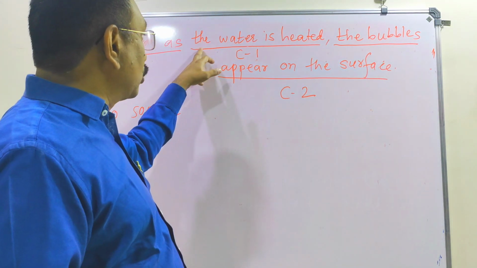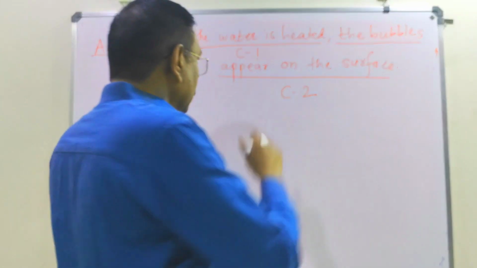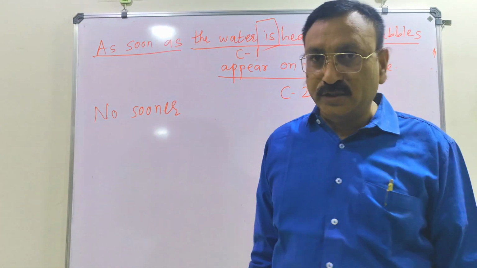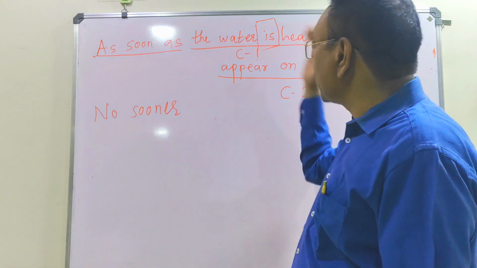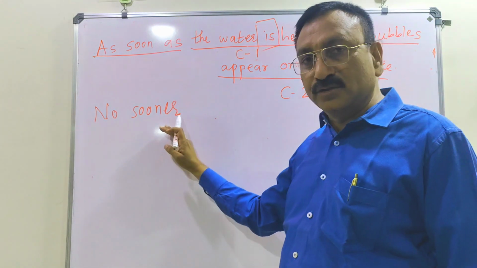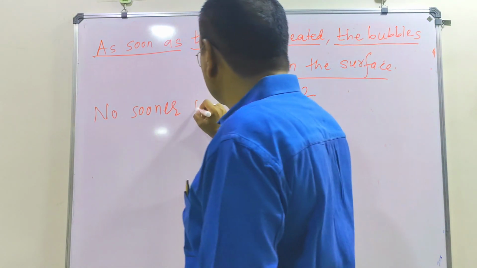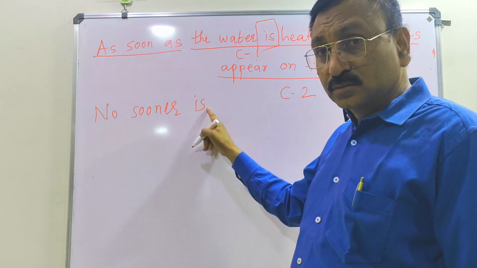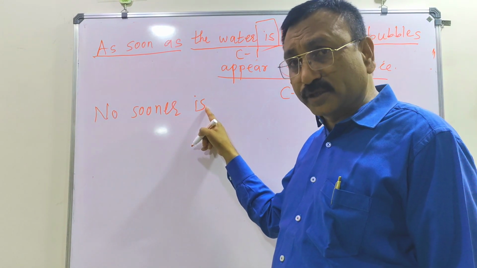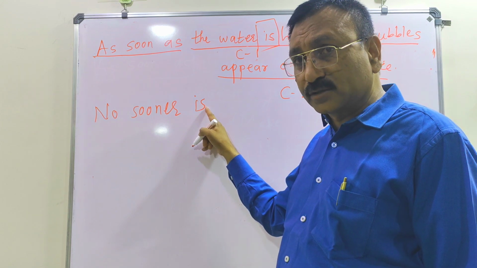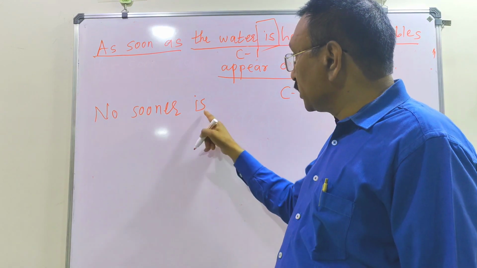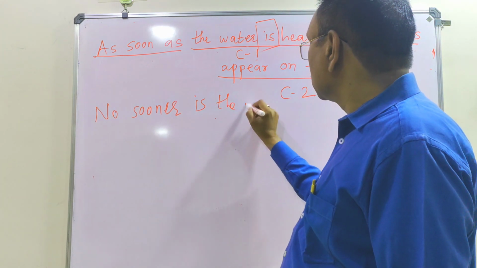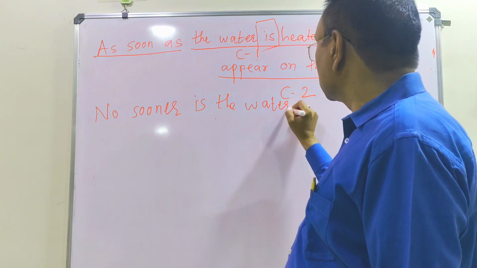If you read the first clause, the water is heated, the auxiliary verb is is available there, and that's why we are going to use the same auxiliary verb after the conjunction no sooner. No sooner is. This is very important, where students commit mistakes while transforming the sentence. No sooner is. Now write down the subject, the water.